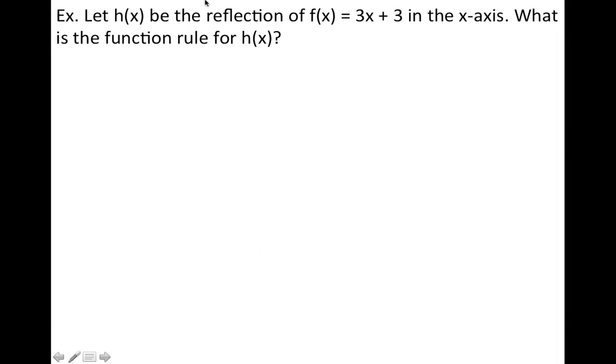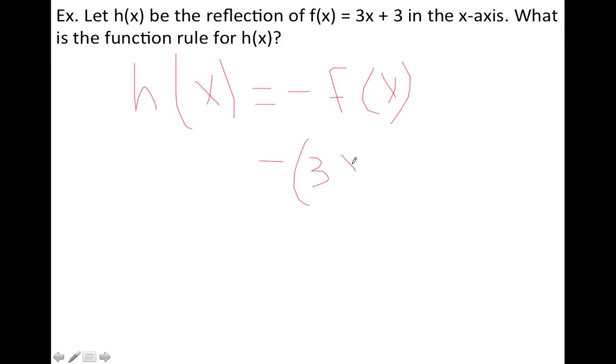Same thing goes when reflected in the x-axis: our x values stay the same, but our y values change. So we have h of x, and when we're reflected in the x-axis, that means we are changing every term's sign. So we have negative f of x. We're going to take our f of x function and put a negative out front.